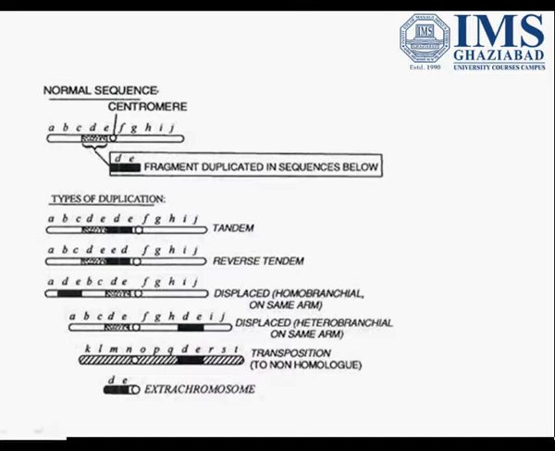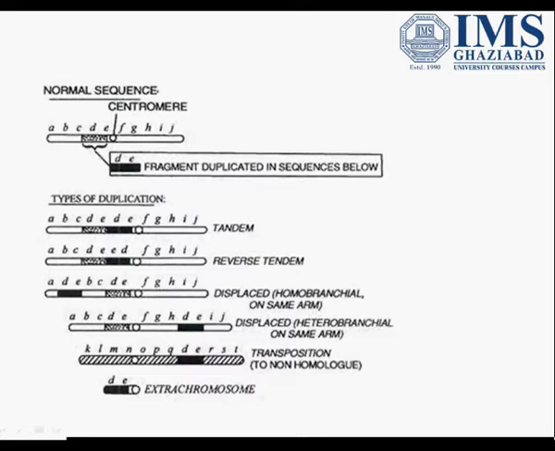The next one is called transposition. Transposition is where we are having the addition of the genes on the non-homolog. That is, we are having the first one A, B, C, D, E, F, G, H, I, J, and on the non-homolog we are having K, L, M, N, O, P, Q, and here after Q, DE is added, and after that it is R, S, T. So this is called transposition.